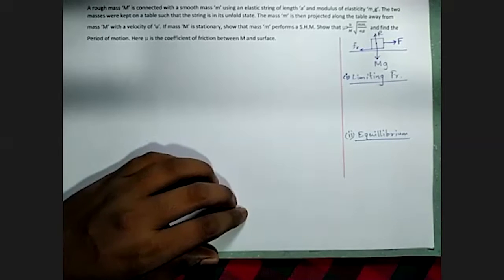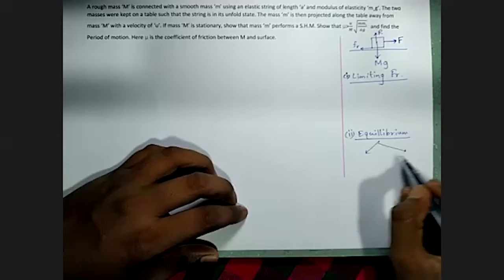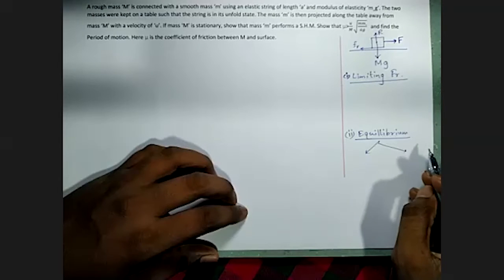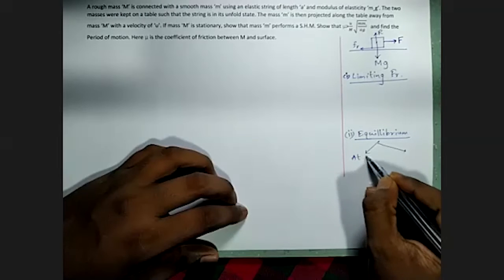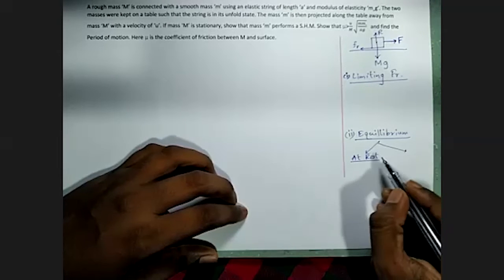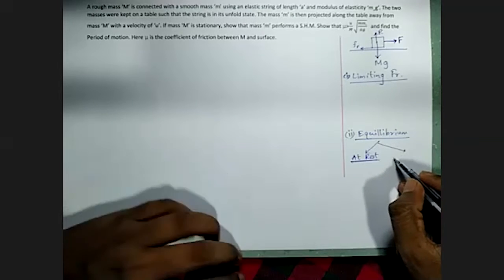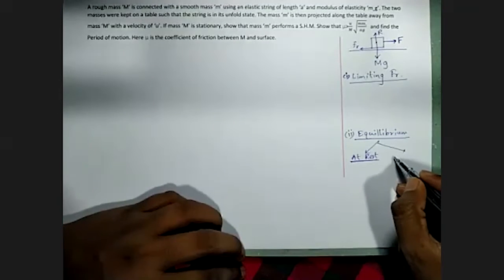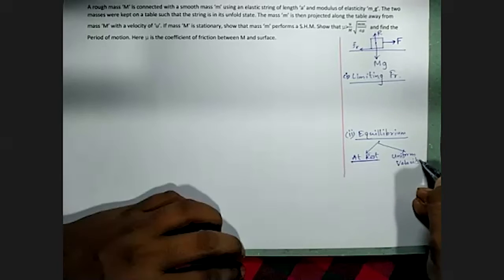Equilibrium state. An object can be in equilibrium in two ways. One is when the object is at rest. Sometimes it can be in equilibrium when it is having a uniform or constant velocity.